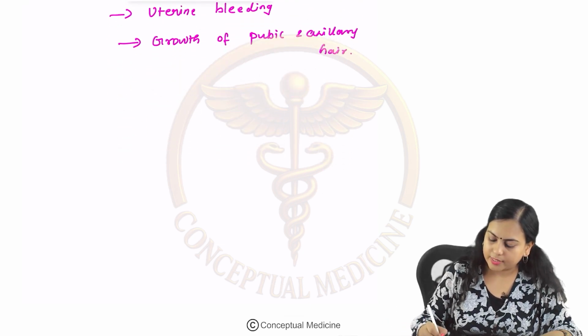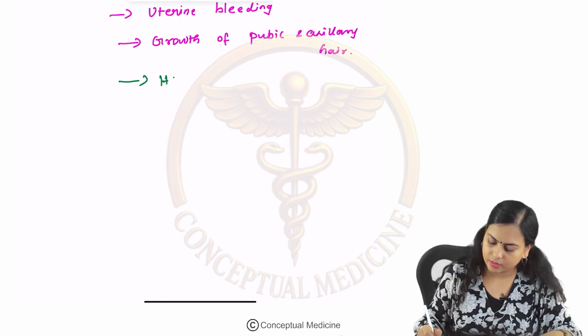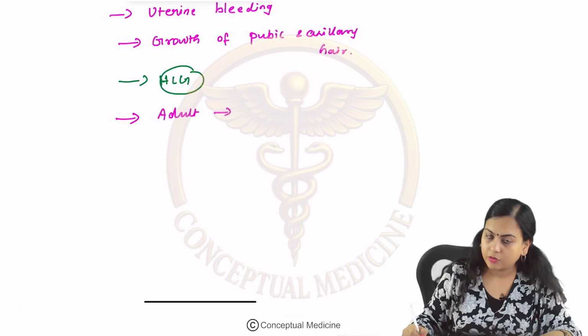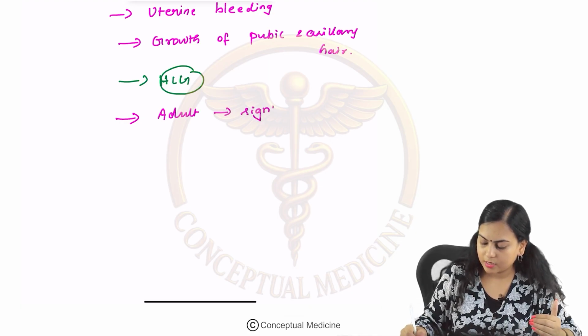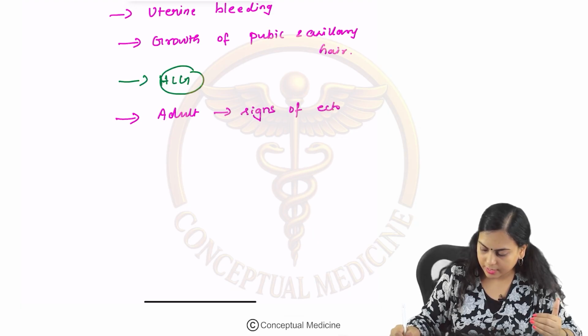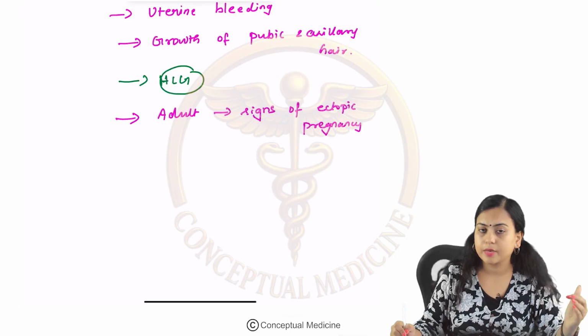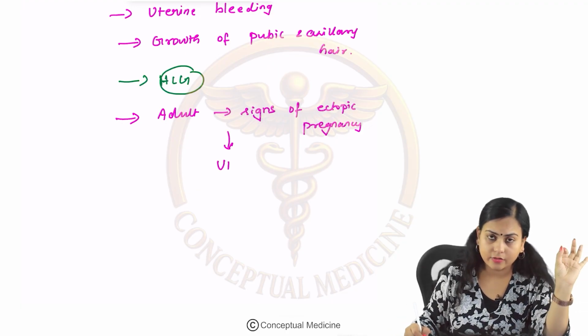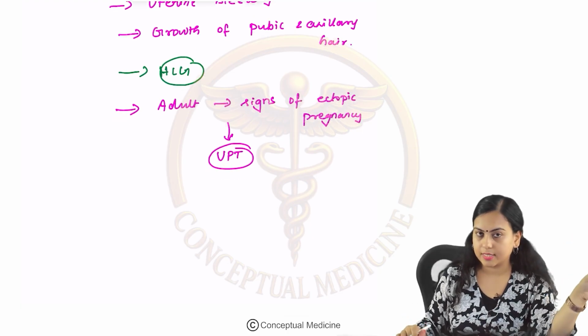So these neoplasms will secrete what? HCG. Then an adult patient may present with signs of ectopic pregnancy, because she can present with abdominal pain and increased HCG, so you definitely have to rule it out with a urine pregnancy test.